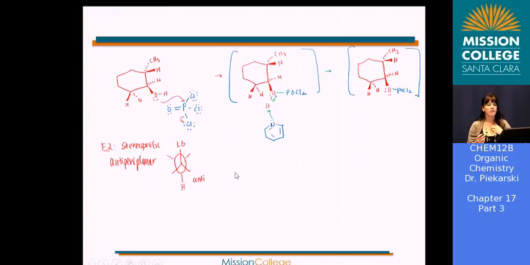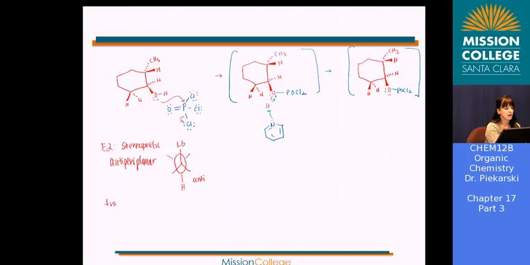So if you have an E2 mechanism and it's an open chain structure, then you need to build your Newman projection so that you can figure out what your stereochemistry is after you form your double bond. Now in this case here, I have a cyclohexane structure.